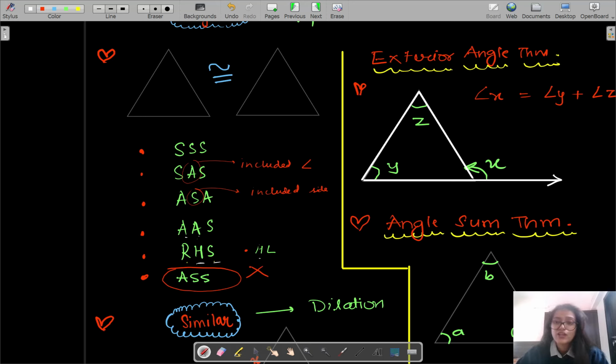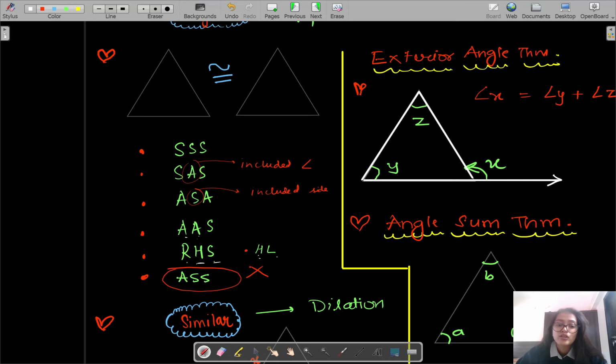Then HL is basically the same thing. H stands for hypotenuse, L stands for leg. So if in two right triangles hypotenuse is congruent and one leg is congruent, then those two triangles will be congruent.